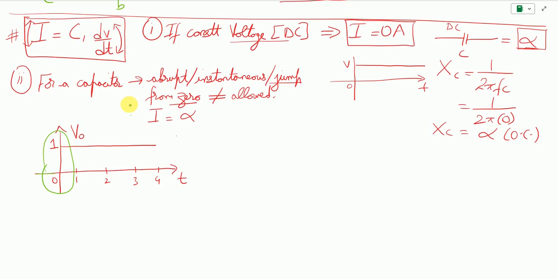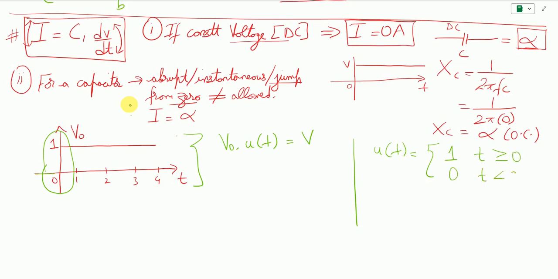How? If we mathematically write this graph as an expression, it is nothing but an output voltage multiplied by a unit step function. Let us give it any variable V. So what is this unit step function? The unit step function is something whose behavior is such that it gives you a value of 1 whenever the time axis is greater than or equal to 0, and it gives you a value of 0 whenever the time axis is less than 0.